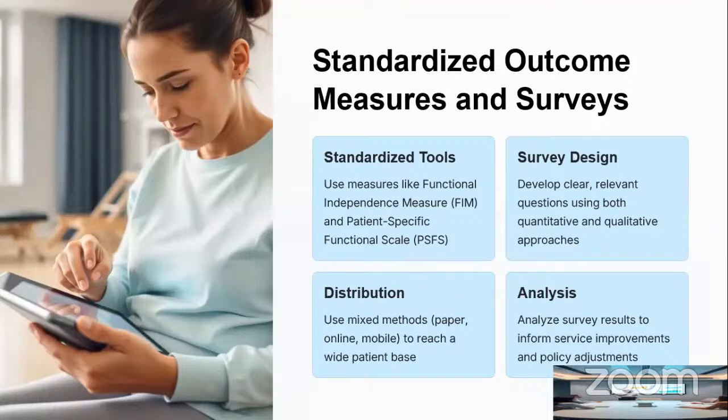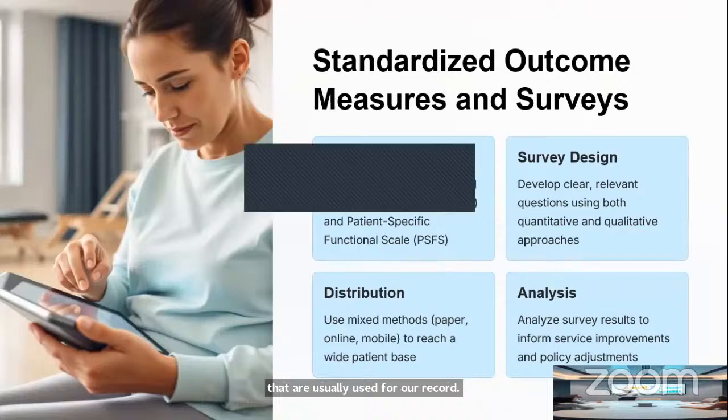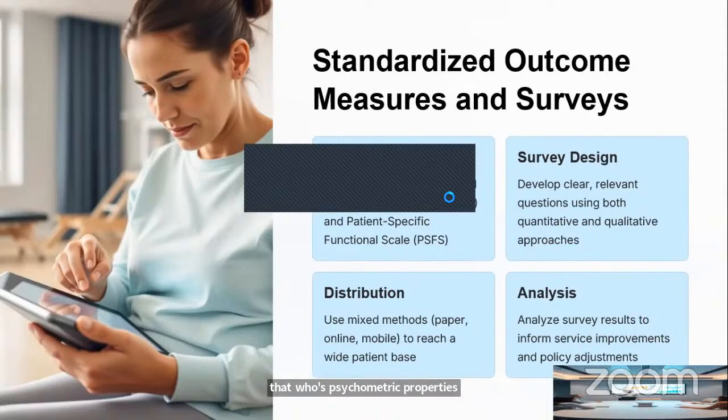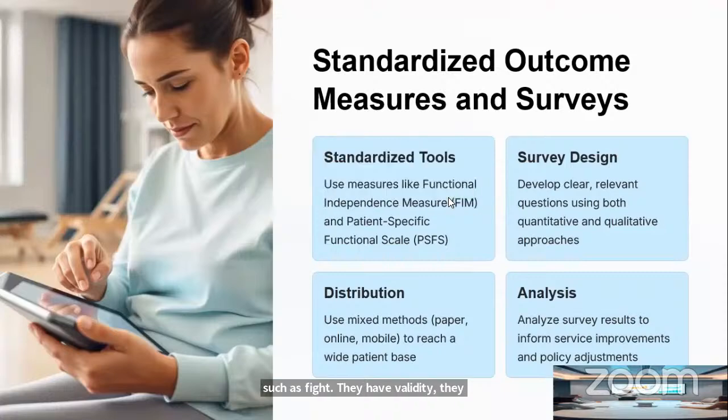Now, standardized outcome measures and surveys are usually used for our records. When we talk about a standardized tool, we are talking about tools whose psychometric properties are clearly satisfied: their validity, their reliability, their utility, their sensitivity, their specificity, and so on.